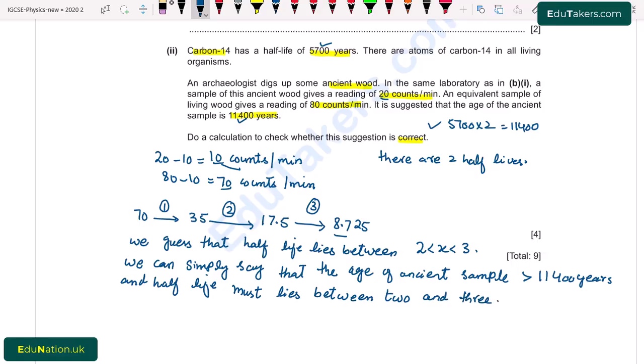Or we can simply say that it is nearly 3, because 10 is very close to 8.72 as compared to 17.5. So our assumption is wrong.